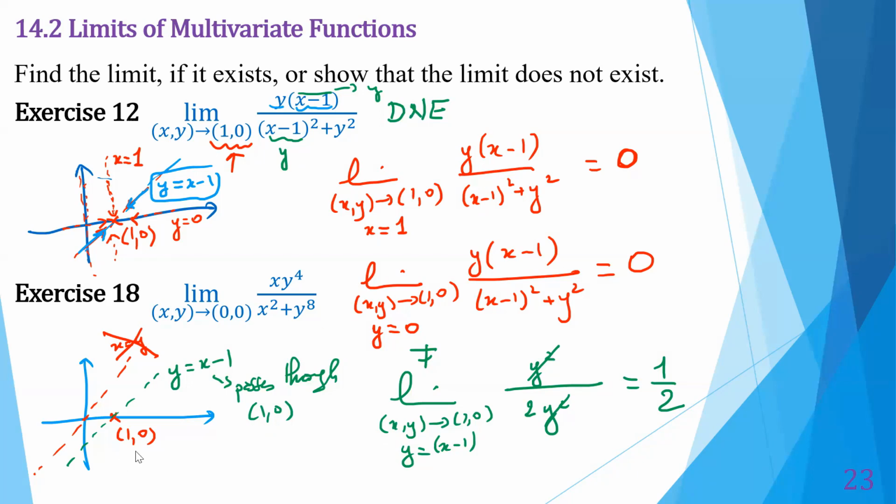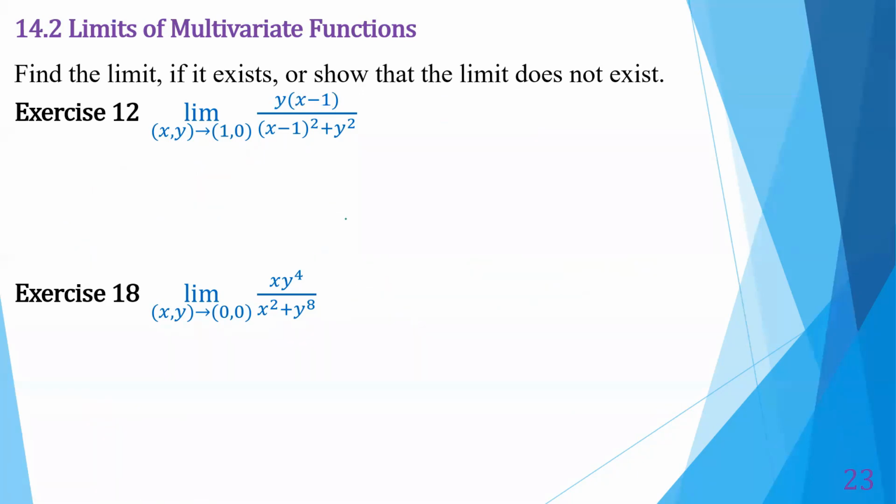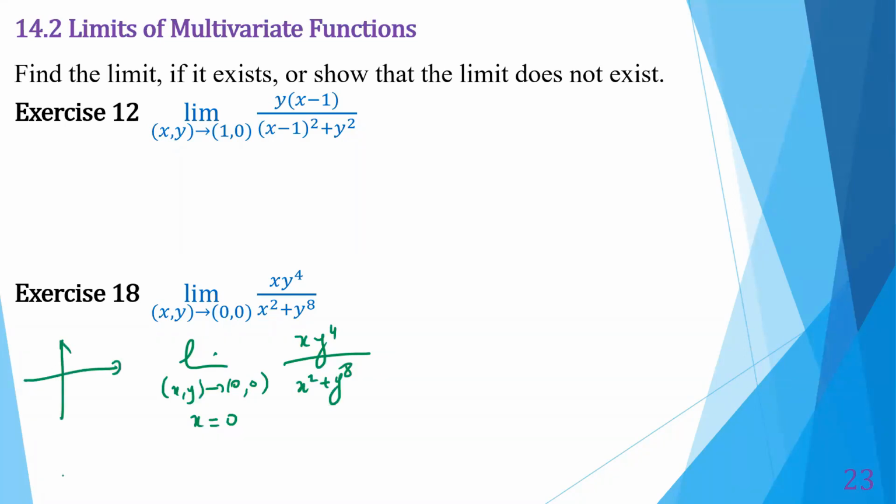Let's take a last example, number 18. How do we show that this limit doesn't exist? It's around (0, 0). For example, if we calculate through the path x equals 0, which means approaching through the vertical line, coming up or down, we have 0 over y squared.